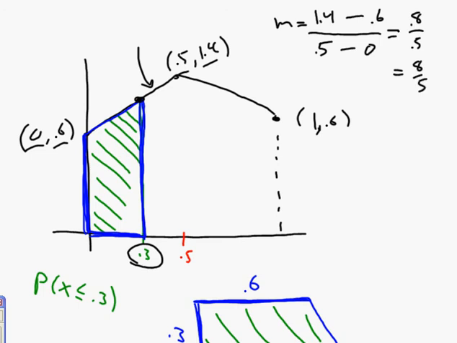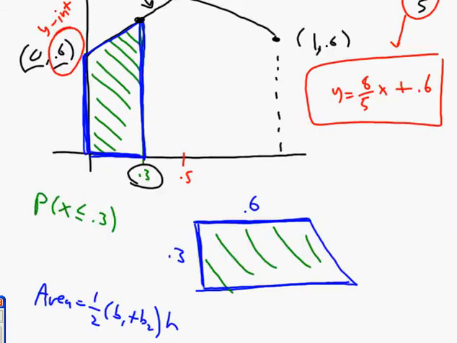Okay? Now, we're lucky in this case, and the reason I say that is because we know the y-intercept is 0.6. There it is. So we can just write our equation right away. y equals 8/5 of x plus 0.6. Okay.